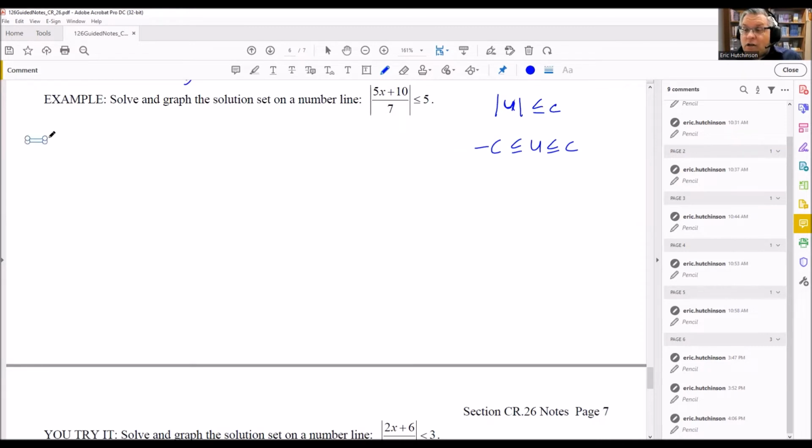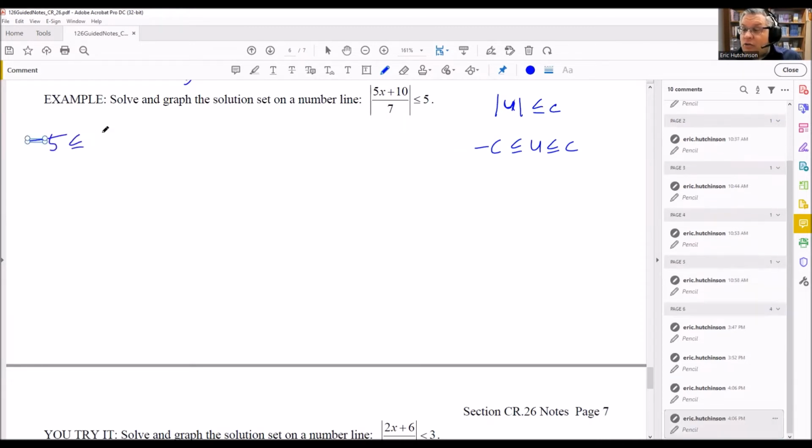So we've got negative 5 less than or equal to (5x plus 10) over 7, less than or equal to 5. Now I want to get rid of the 7 that's down below here. So to do that, we need to multiply both sides by 7. That way, when we multiply this by 7, those 7s are going to cancel out.